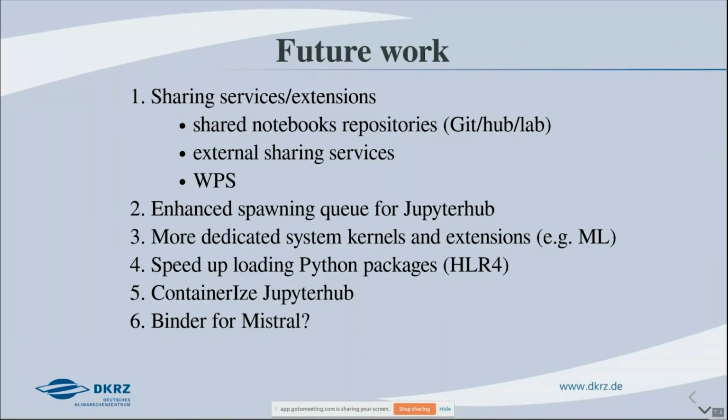This is a good way to share your notebooks or code with other researchers. The idea is that we can restrict these sharing services to private or shared, or even use external sharing services, like Dropbox-like services.